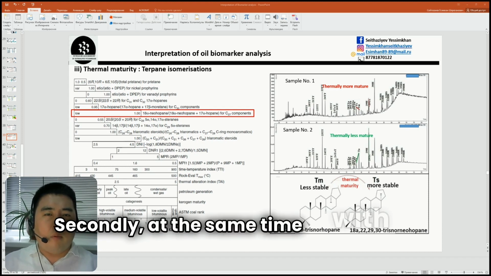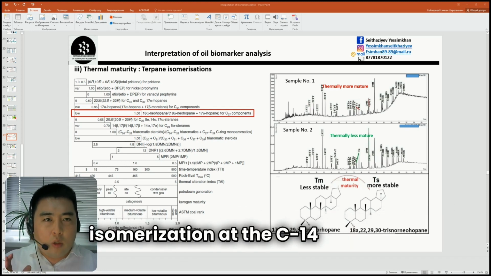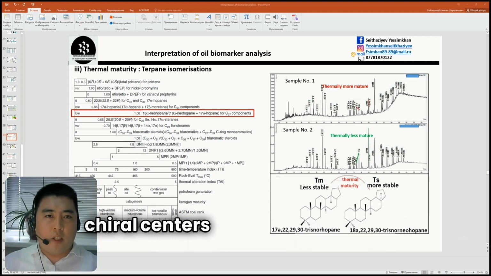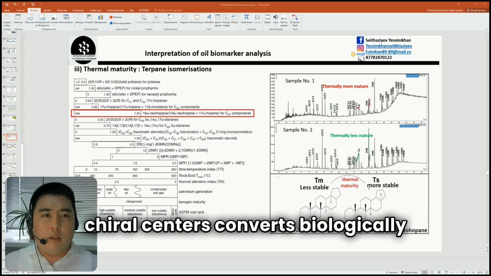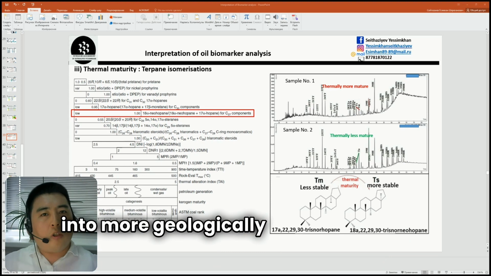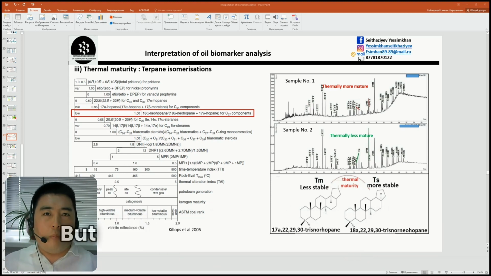Secondly, at the same time, with maturity increase, isomerization at the C14 and C17 chiral centers converts biologically derived alpha alpha alpha into more geologically stable alpha beta beta isomers.